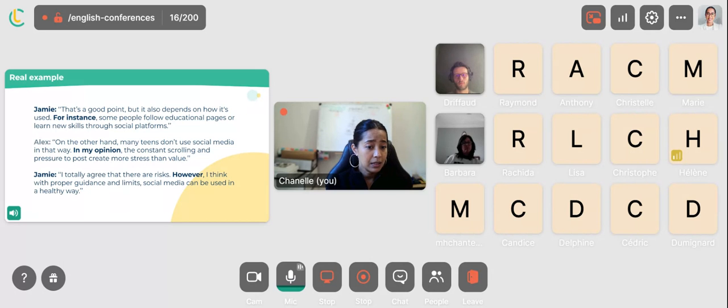In my opinion, the constant scrolling and pressure to post create more stress than value. Jamie replies, I totally agree that there are risks. However, I think with proper guidance and limits, social media can be used in a healthy way.